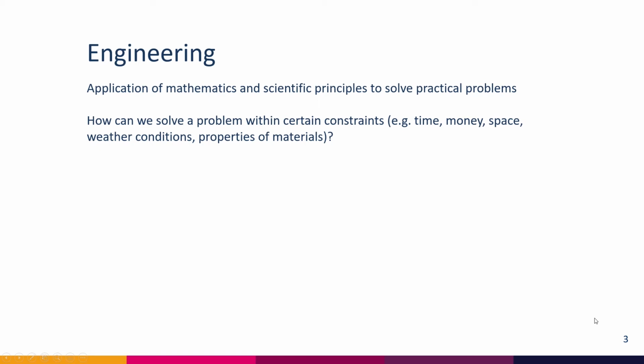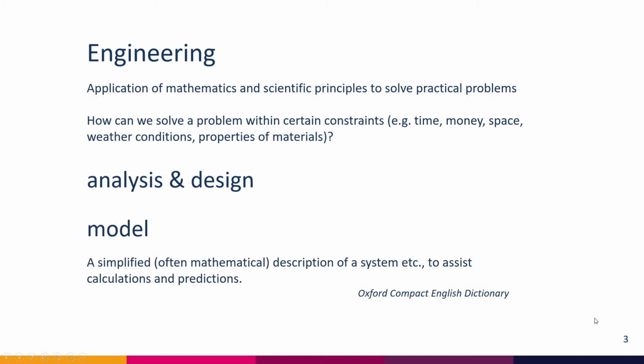So we have a problem that we solve within constraints. And to do this, we have to undertake some analysis and then to do some design. And in doing so, we use models. Now, a model is a simplified, often mathematical description of a system to assist calculations and predictions.